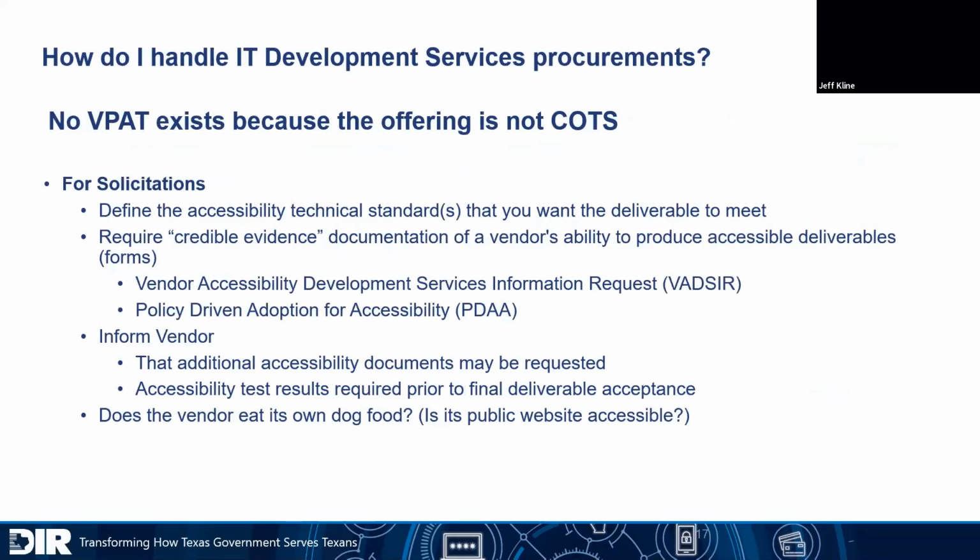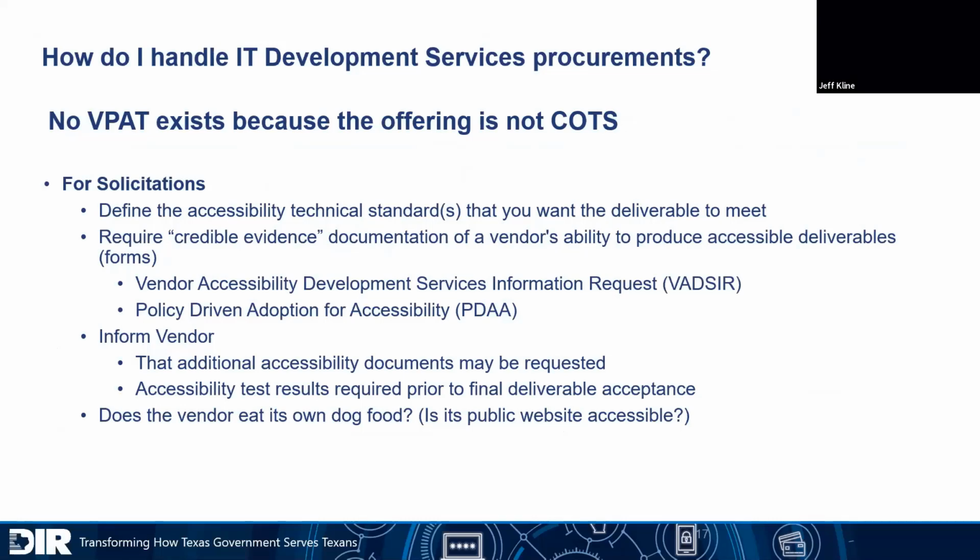Now, I talked a little bit about development services. They don't have a VPAT, so how do we figure out if a vendor's capable? So for solicitations, you define the standard that you want the deliverables to meet. You require credible evidence of their ability to produce accessible deliverables. And we've got these 2 forms that we use, the VATSR form that we developed at DIR, and then policy-driven adoption for accessibility, which we use.